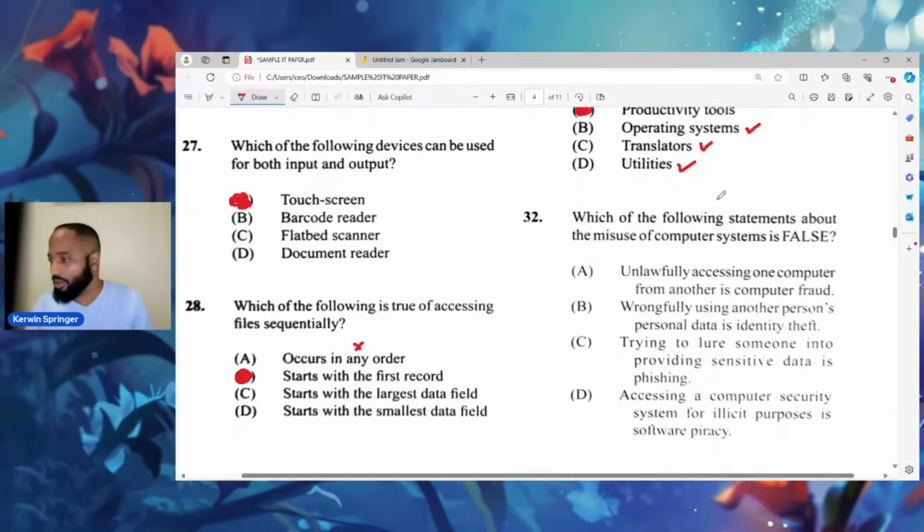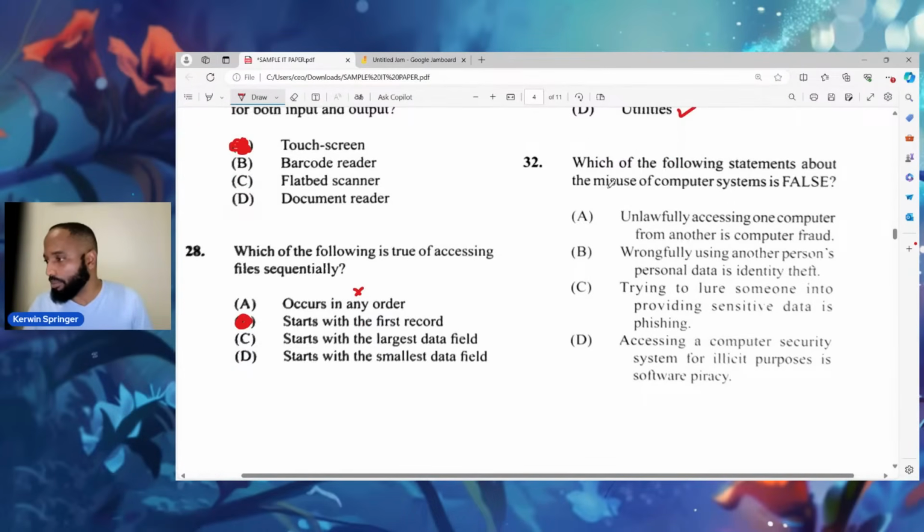Okay, fine. Which of the following statements about the misuse of computer systems is false? Unlawfully accessing one computer from another is computer fraud. Wrongfully using another person's identity or trying to lure someone into providing sensitive data is phishing.